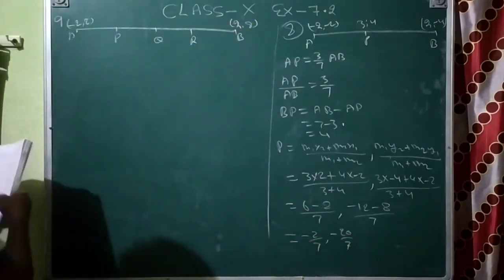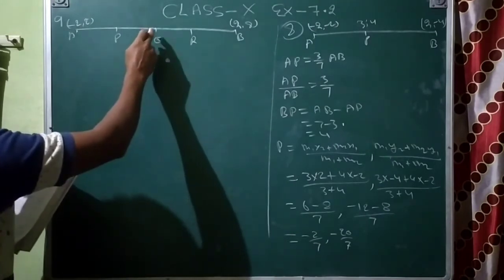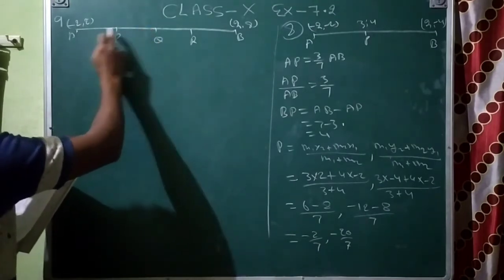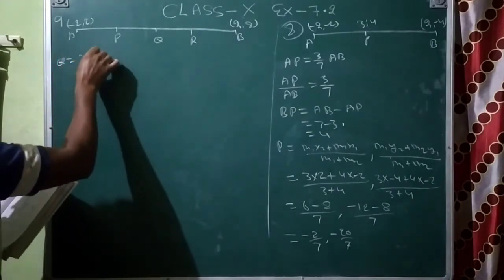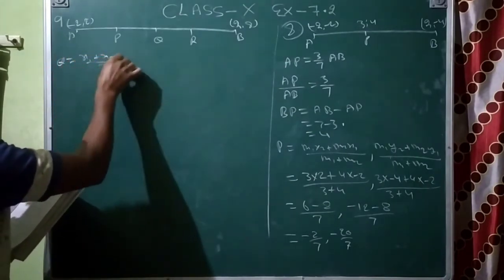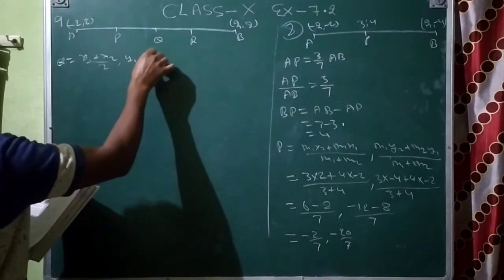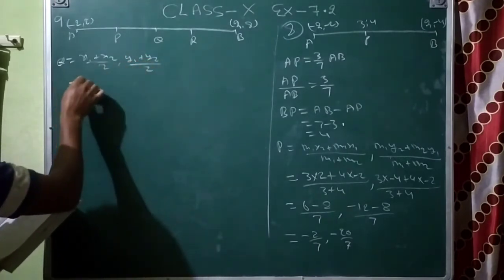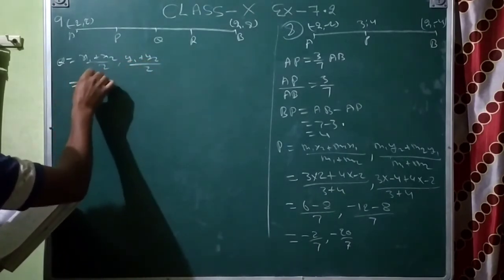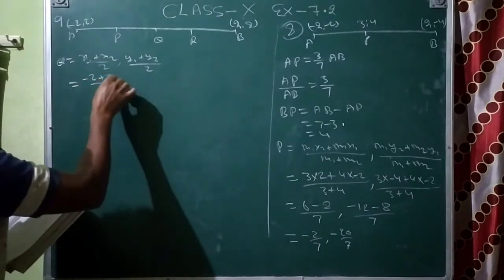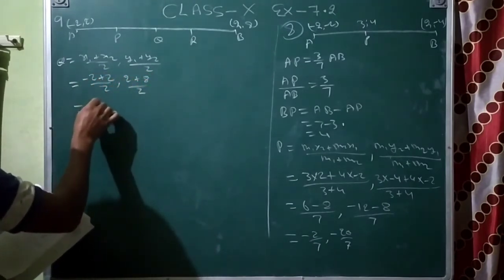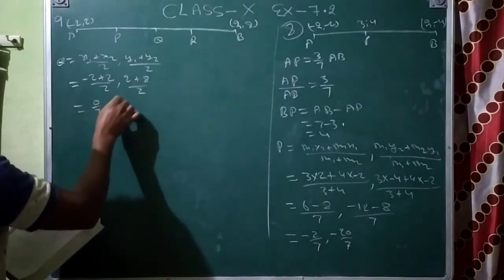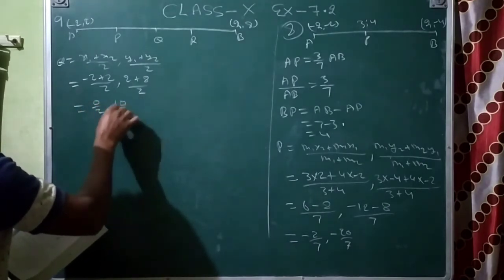First of all we will find Q, because this is the equal ratio. Two parts are here, two parts are also here. So Q is equal to (x1 plus x2) upon 2, (y1 plus y2) upon 2. So x1 is minus 2 plus 2 upon 2, and then 2 plus 8 upon 2. So that will be 0 upon 2, and 10 upon 2, and 2 fives are 10.